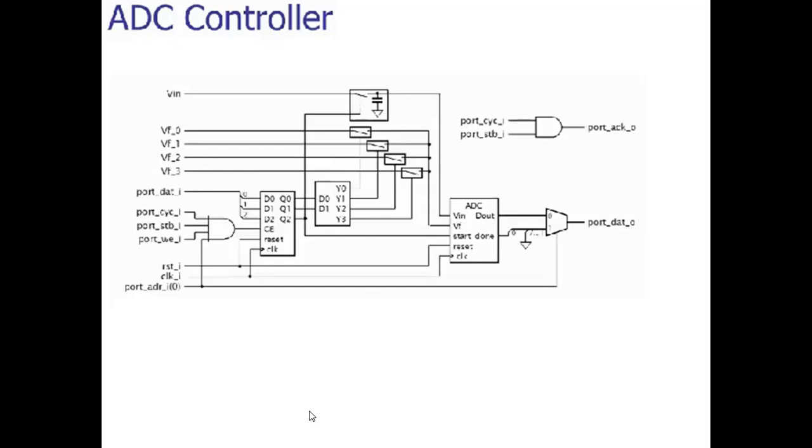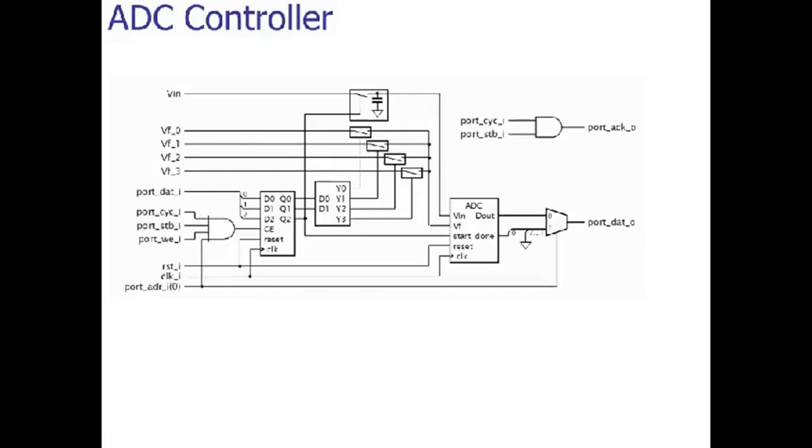So this Q0 and Q1 are the 2 bits that are making Y0 to Y3, controlling it to give you the different levels of the reference voltage, VF0, VF1, VF2, and VF3.